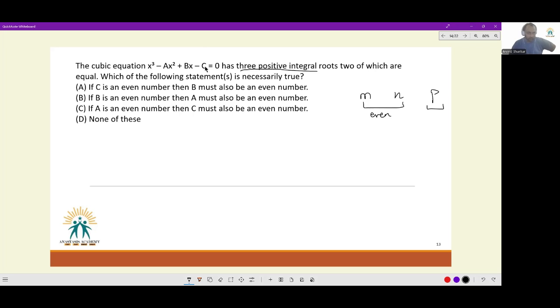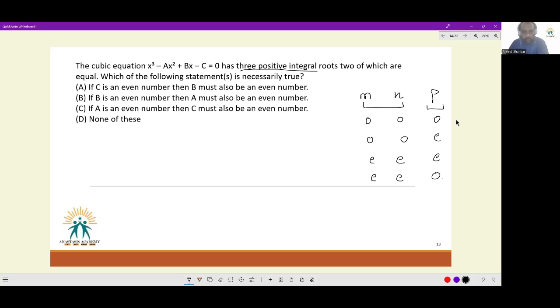Can you see c? c is basically the product of roots. If two of the roots are equal, so I can have odd, odd, odd. I can have odd, odd, even. I can have even, even, even. I can have even, even, odd.